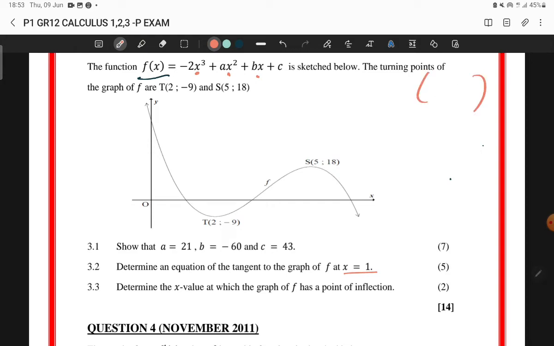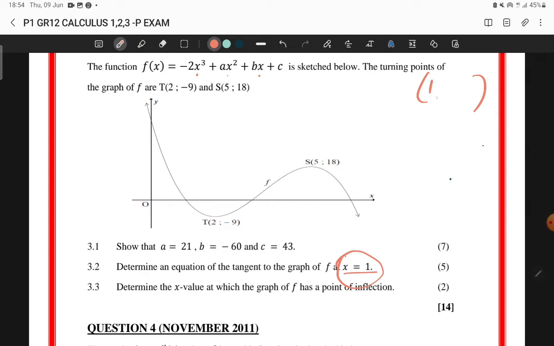When you take this x is equal to 1 and place it to the x value there, you will get y. Then that point is called the point of contact. It's the point where the tangent and the function intersect, which means those two graphs are equal at that point. So that is why we call it the point of contact.